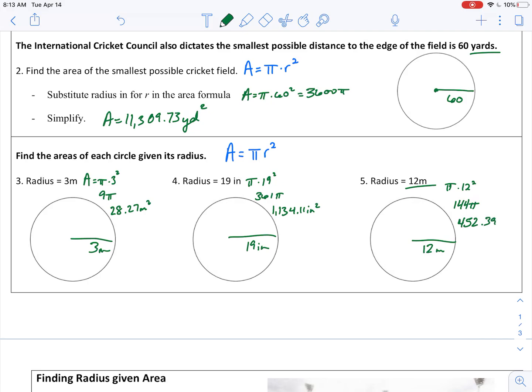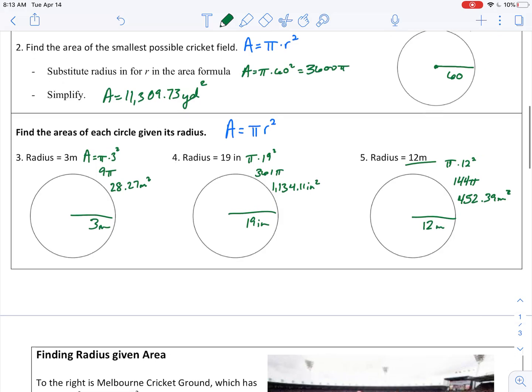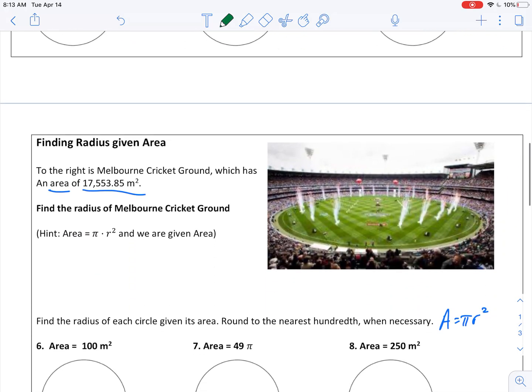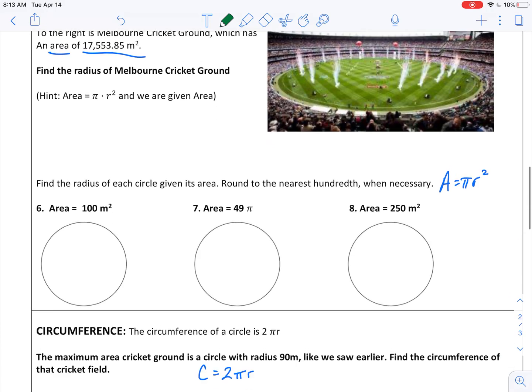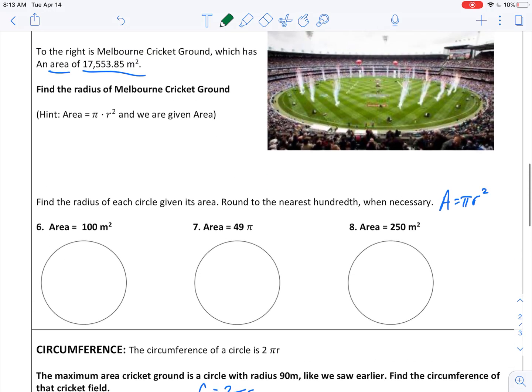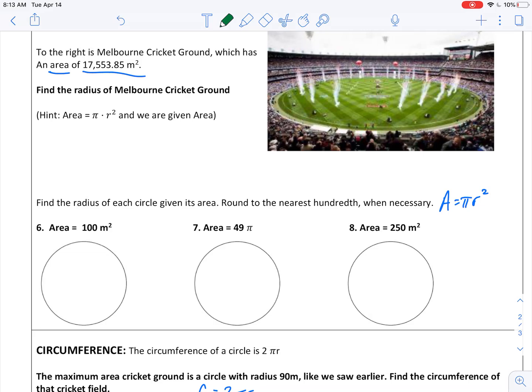And this would be pi times 12 squared, which would be 144 pi, or 452.39 square meters. So that's the first thing we'll do.